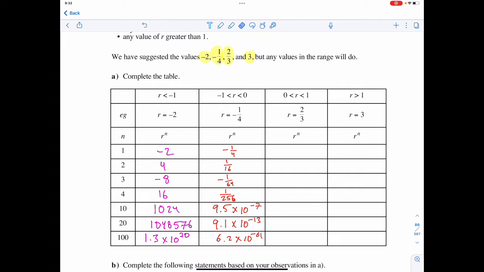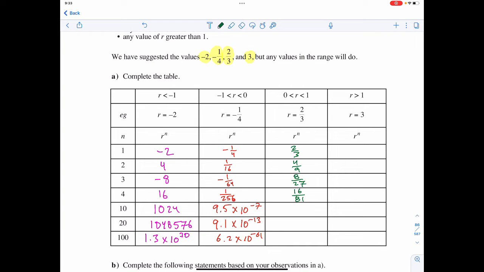For the next example, use 2/3. To the power of 1, 2/3 is 2/3. To the power of 2, it's 4/9. To the power of 3, it's 8/27. To the power of 4, it's going to be 16/81.